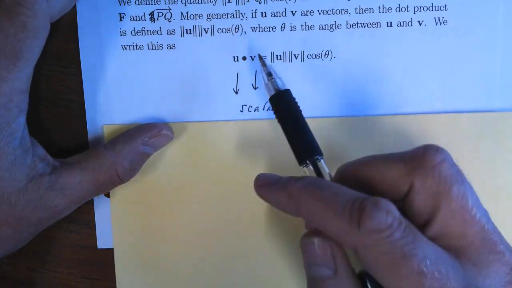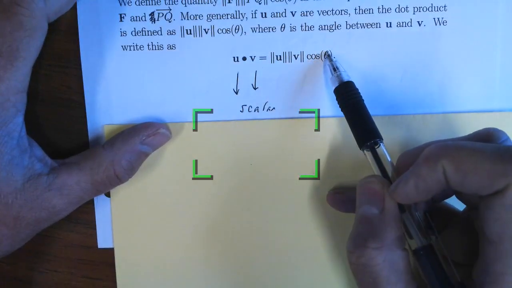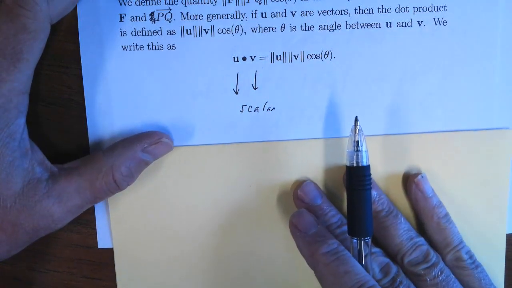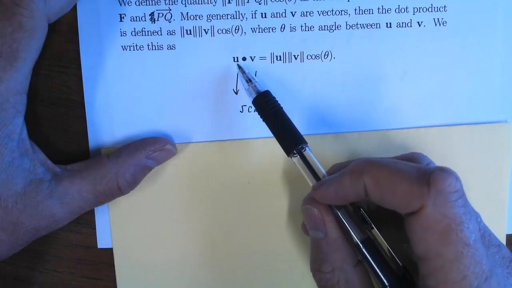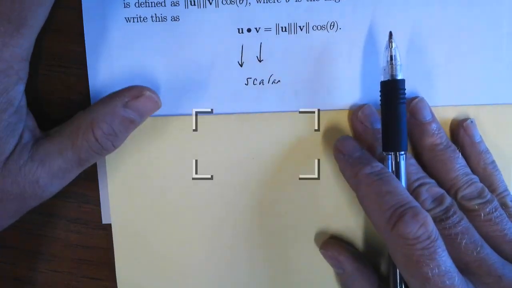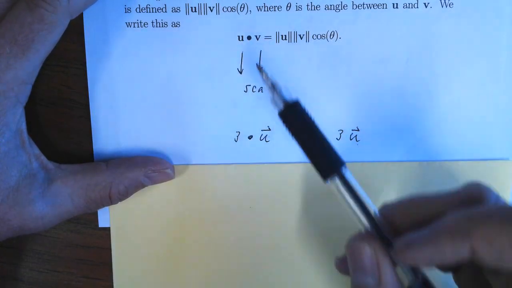So here are some important things to realize. This is a scalar, that's a scalar. The cosine of theta is a scalar. So the dot product of vectors U and V is a scalar. It only makes sense to start with two vectors and then compute their dot product, which is a scalar. So this is why the big dot is important.